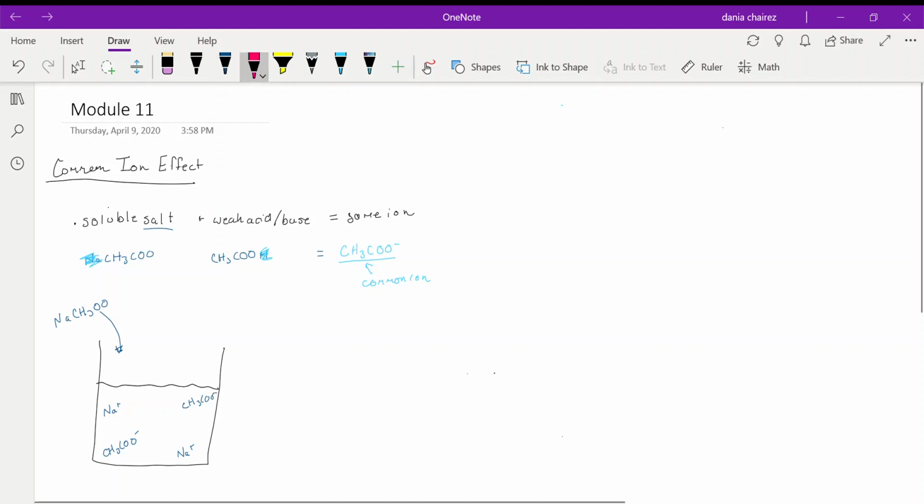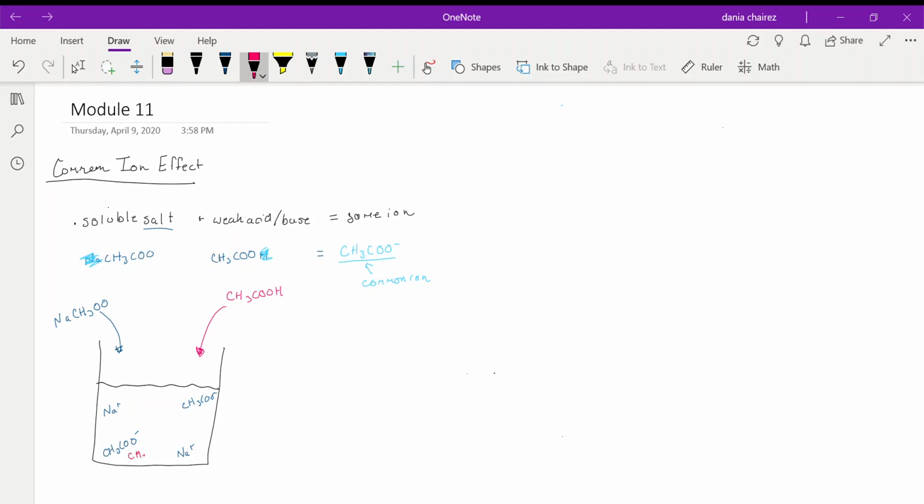So now let's say that into this solution we want to add some acetic acid. Acetic acid is a weak acid, and as we recall, weak acids don't fully dissociate.